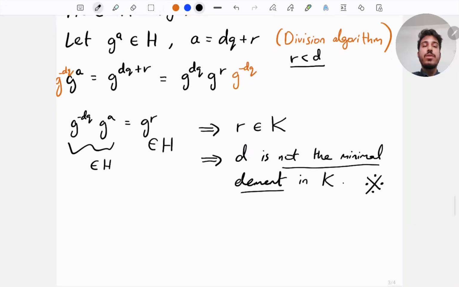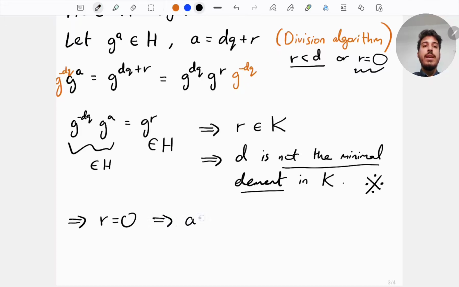So this leaves us to see that r cannot be positive, so r must be equal to 0. So the other option is for r to be equal to 0, and if r is 0, then a is equal to d times q.